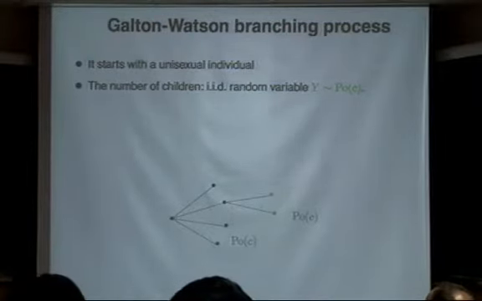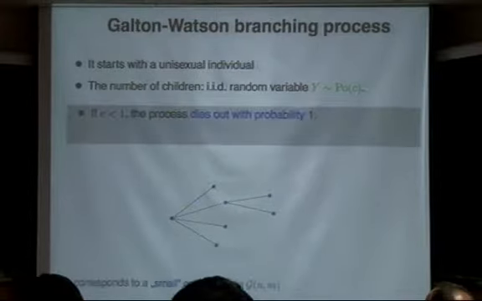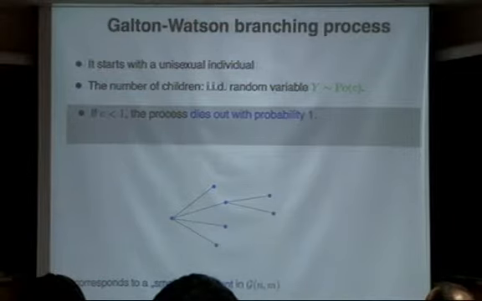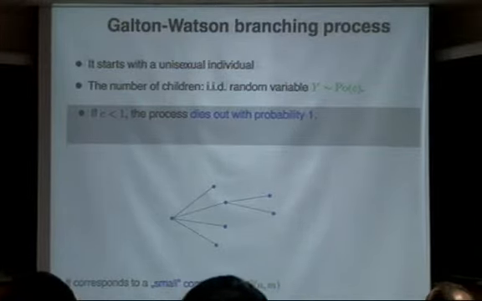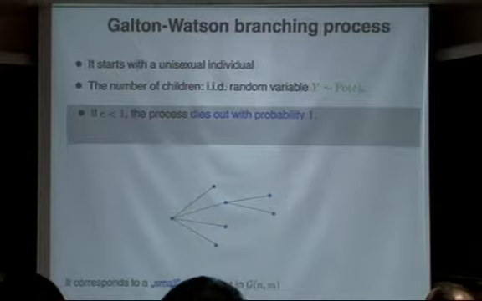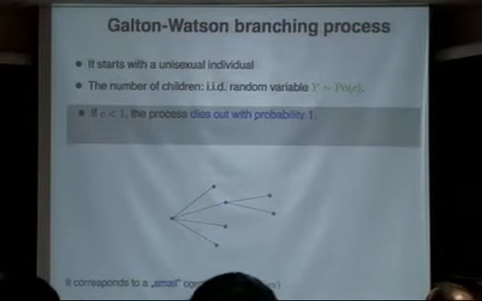But then from the branching process theory, what we know is that if this mean C is smaller than 1, which means the average number of children is smaller than 1, then as you can expect, the process dies out with probability 1. This corresponds to a small component in G(n,m).